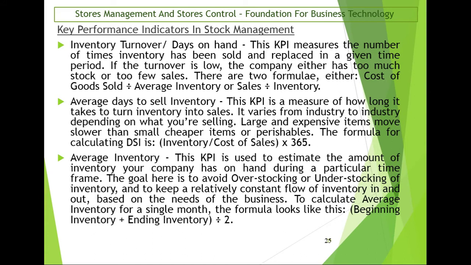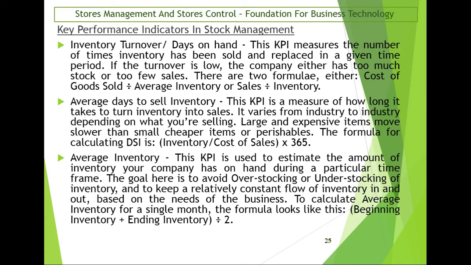Then the next KPI is called average inventory. So this KPI is used to estimate the amount of inventory your company has on hand during a particular time frame. So it is the average stock holding during that period.